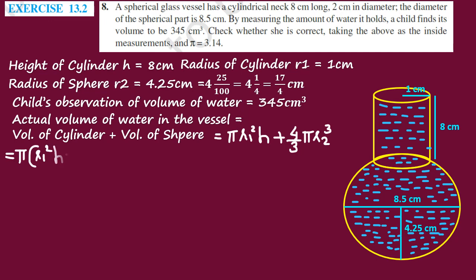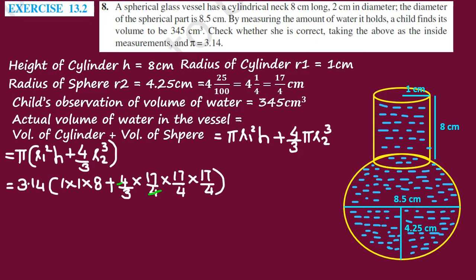Let us substitute the values. Pi is common, and here also we take pi as 3.14. The calculation part is 17 cube and then into 8. So we will get like this.